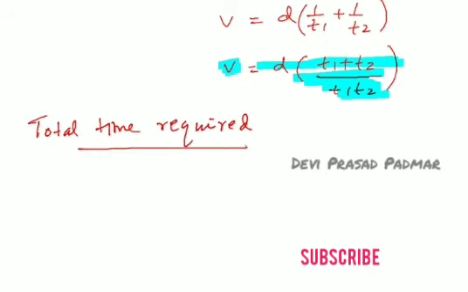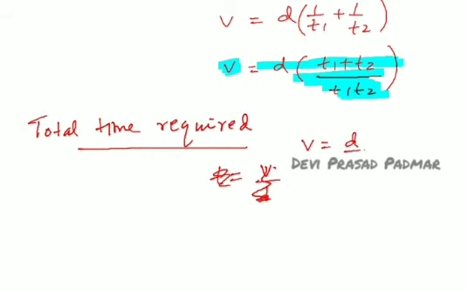If you know the total speed, time is nothing but distance by speed. Therefore, time equals d by v.